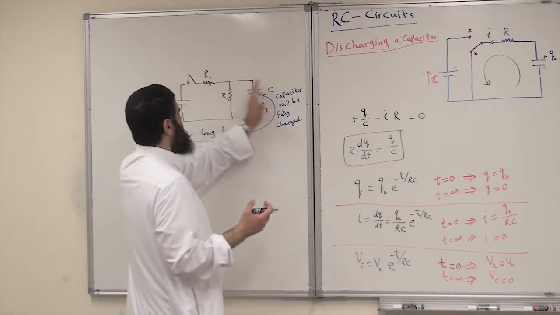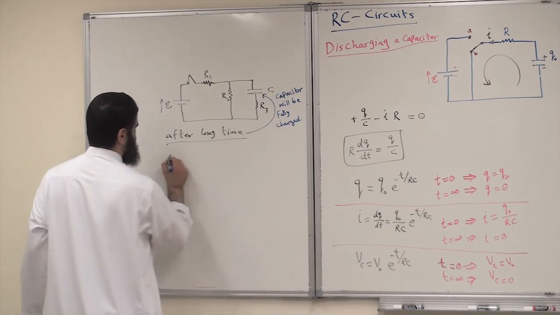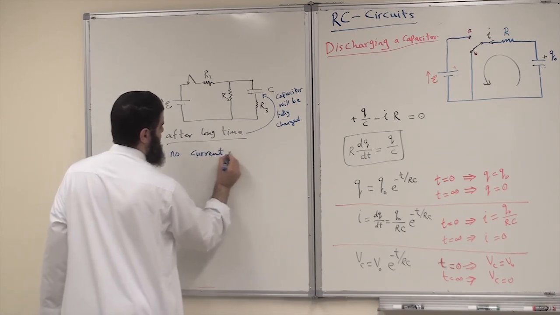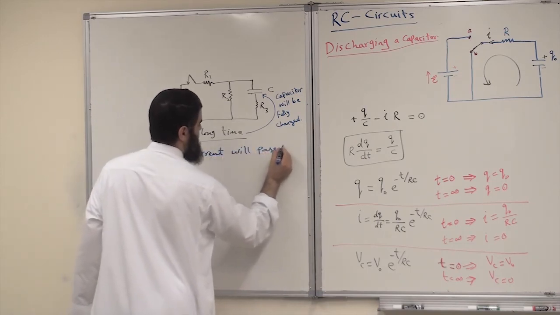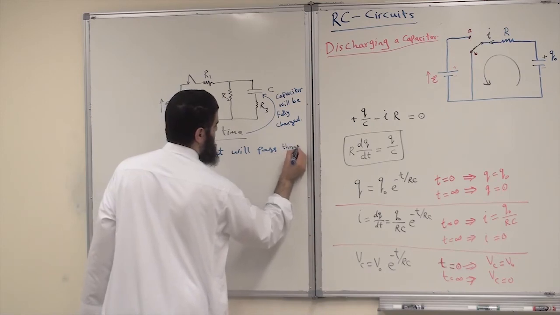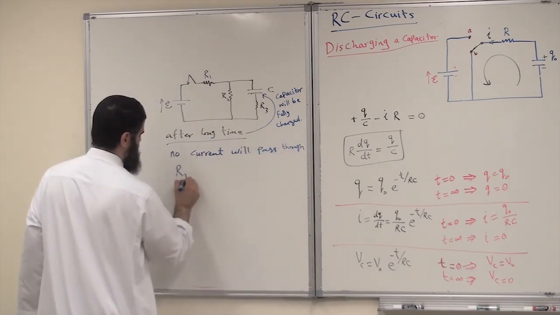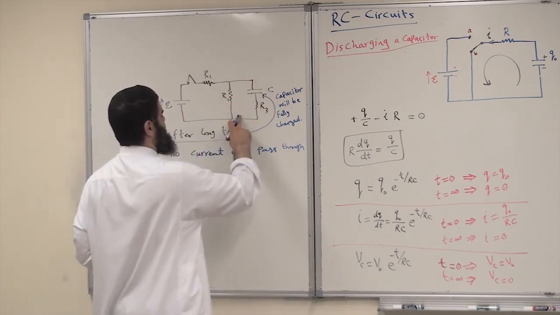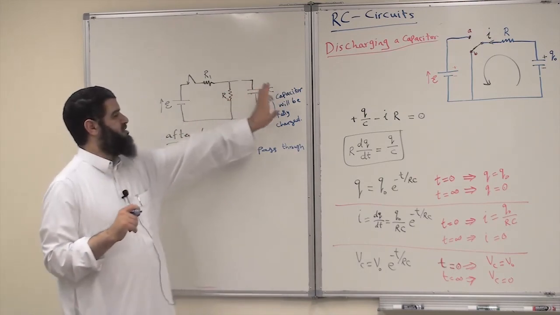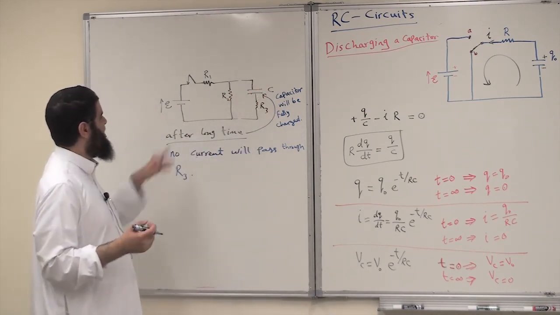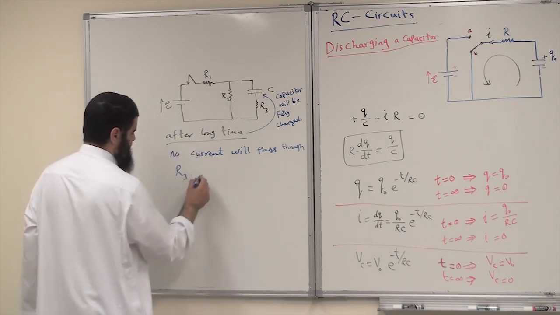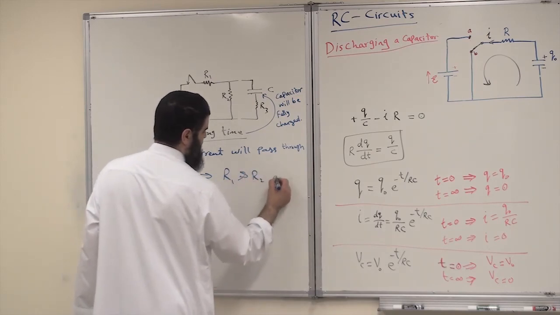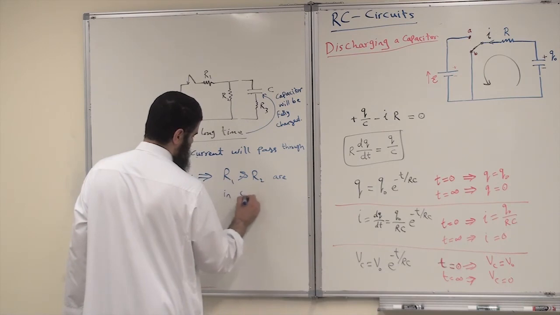No current will pass through this side, so no current will pass through the resistance R3, as if it is not there. So my circuit will end up as if we don't have this branch after a long time. You will end up with R1 and R2, and this implies that R1 and R2 are connected in series.